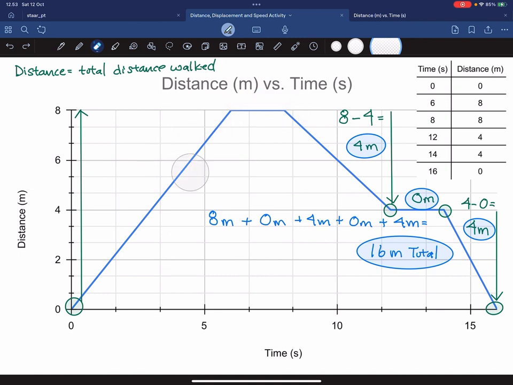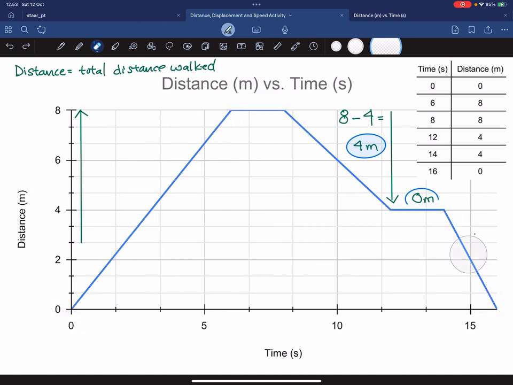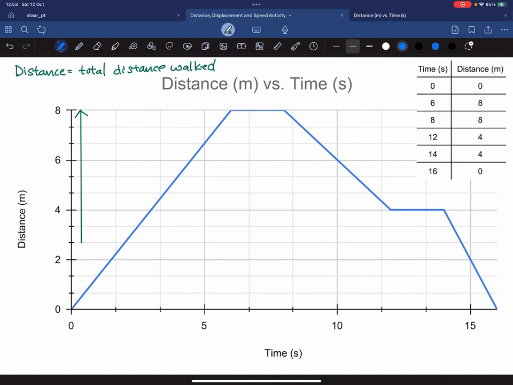So, displacement is different. Displacement is how far you travel from where you started. Okay? It is how far from where you started.